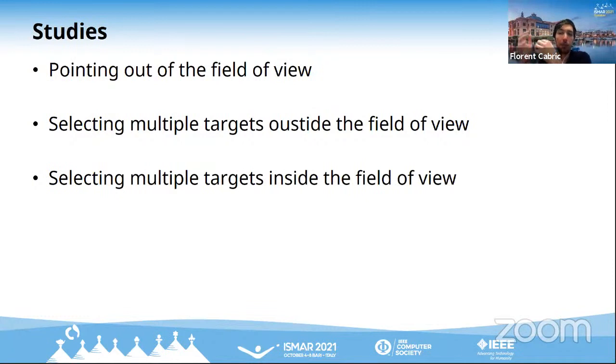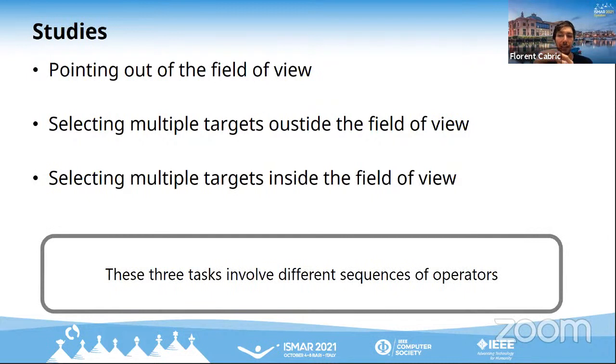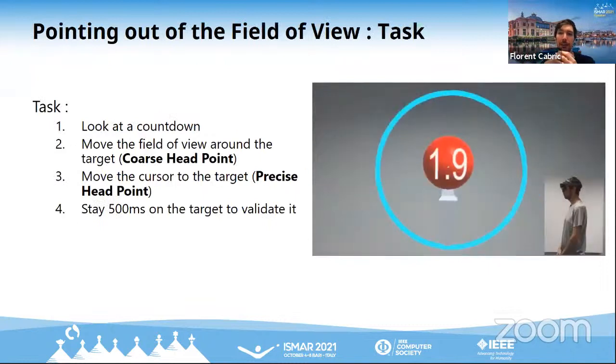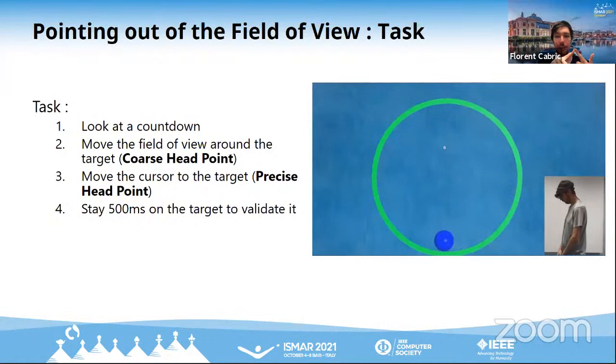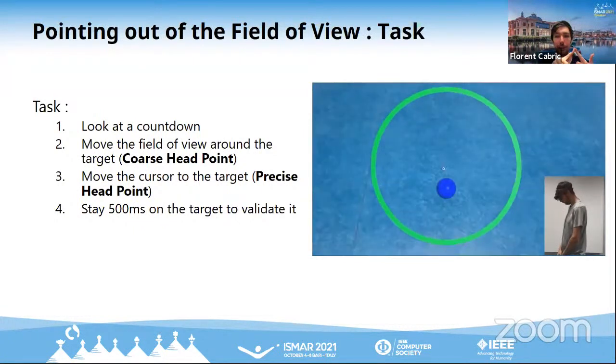We have 1, pointing at targets outside the field of view. The second task, selecting multiple targets outside the field of view. And the third and last task, selecting multiple targets inside the field of view. These 3 studies are necessary because they involve different sequences of operators. For the first task, the study involves a simple reaction, the precise head point and the coarse head point operator.